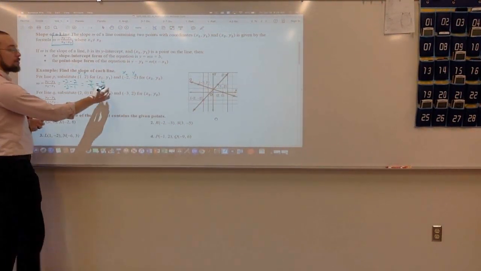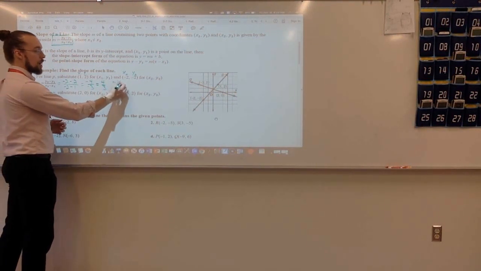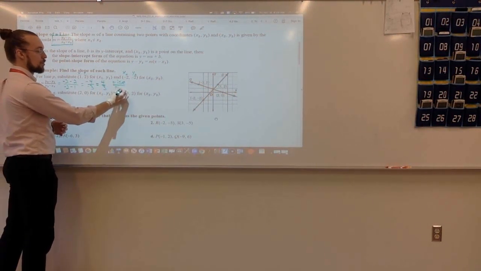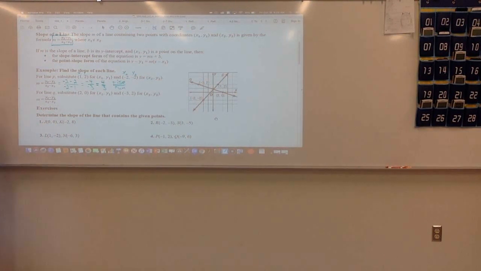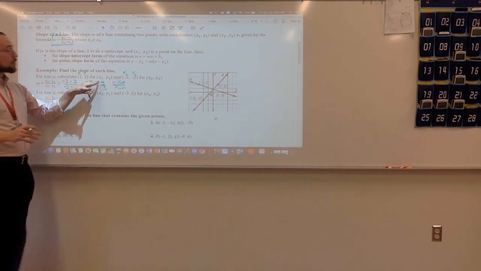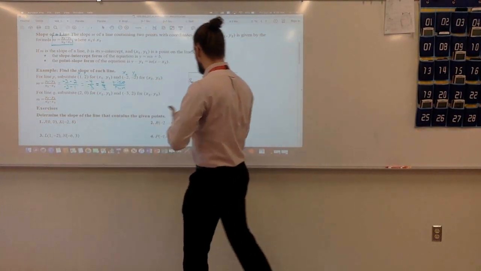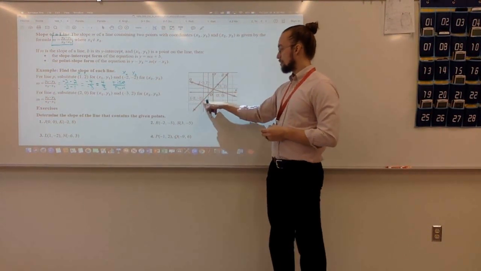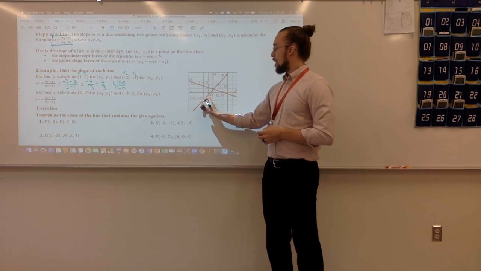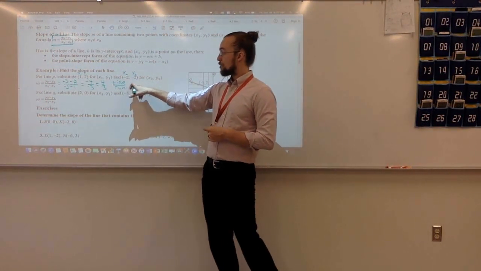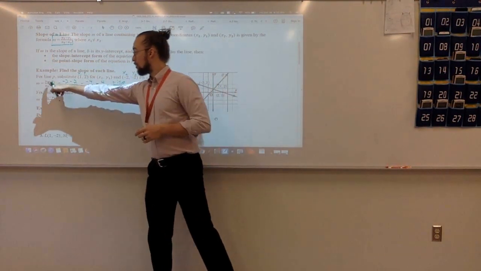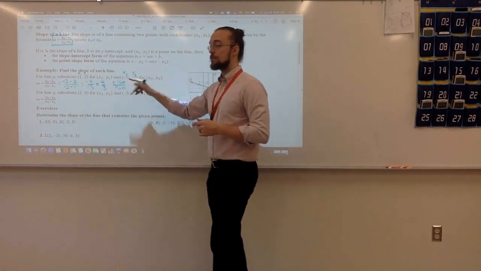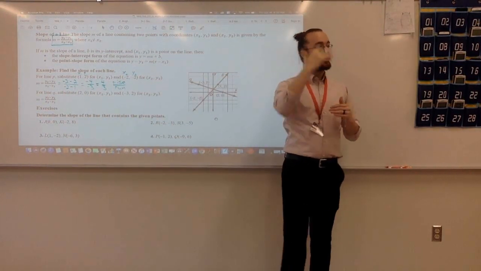Graphically, if you remember, the slope is rise over run. If I choose any point on this line, it doesn't matter which, but we can choose this point. My rise is the change in the y coordinates, because I did y2 minus y1. Rise is how far up or down I'm going.